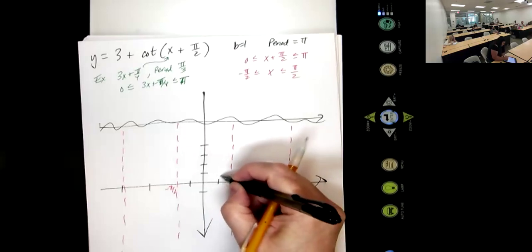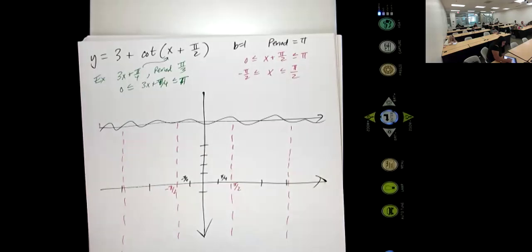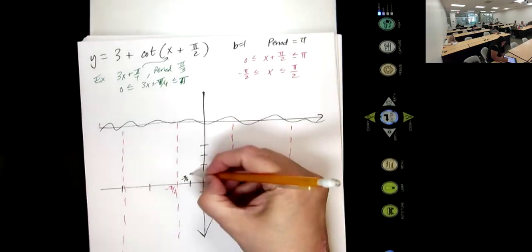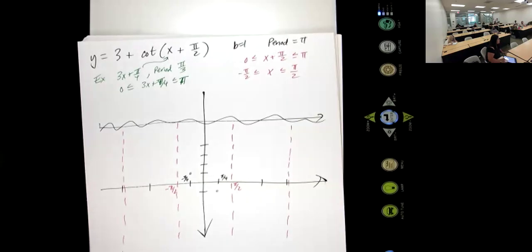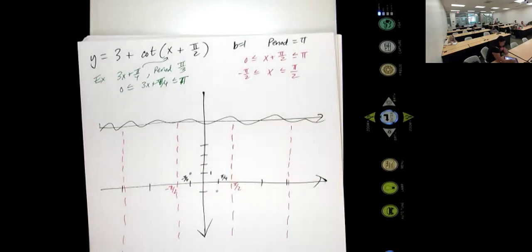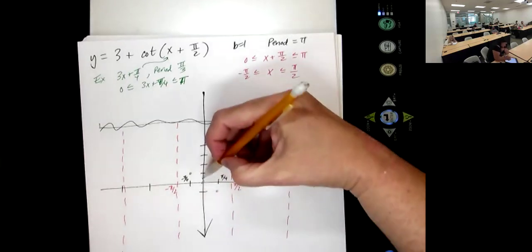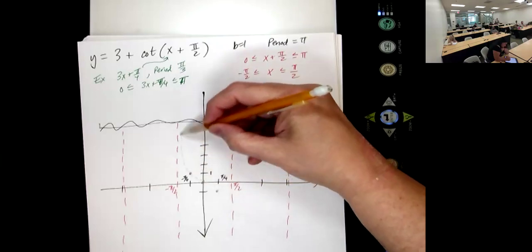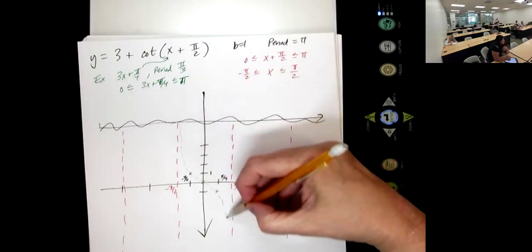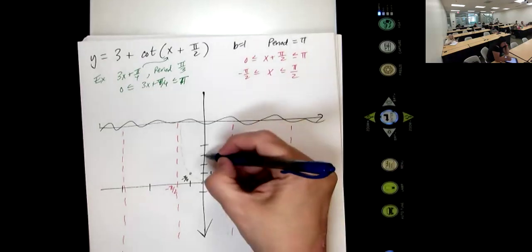So we'll have pi over 4 there and negative pi over 4 there. It was up on the left and down on the right, and 0 in the middle. So our base graph looked like that. The plus 3 just moves those all up 3.